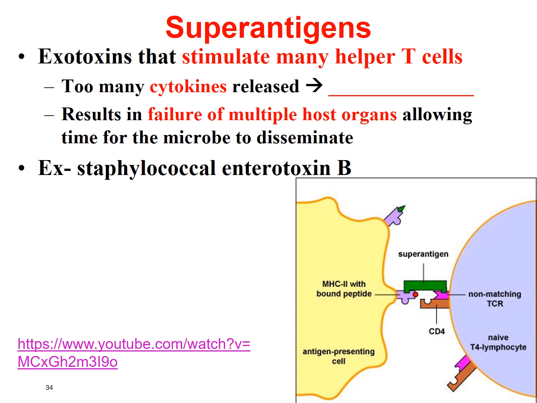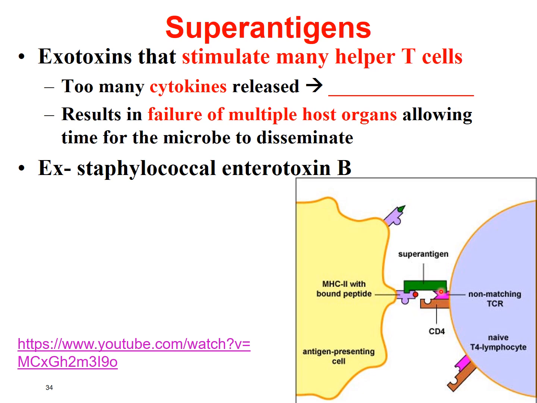So how these superantigens work is, if you look in the picture on the bottom right, we've got an antigen presenting cell, and then over there on the right, we've got a helper T cell. So the superantigen will actually form a bridge and will bind to the class II MHC protein on the antigen presenting cell as well as the helper T cell receptor.